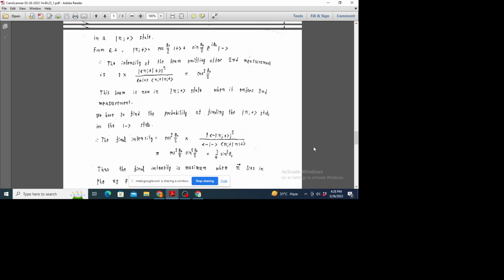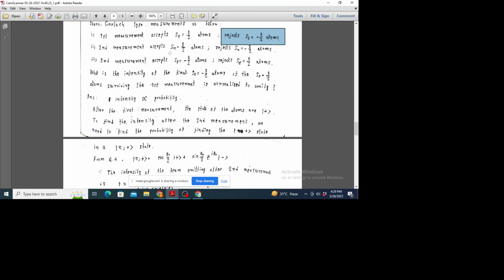The most puzzling thing is, after the first measurement we rejected the Sz equal to minus h cut by 2 atoms, but after the third measurement, which accepts Sz equal to minus h cut by 2 atoms, we get a non-zero value for intensity.